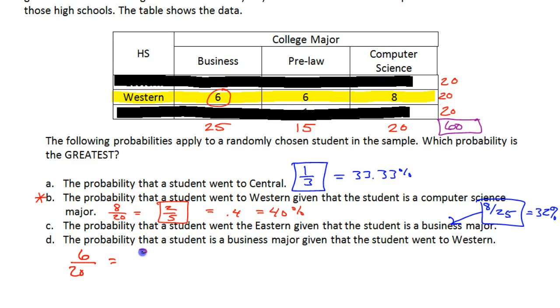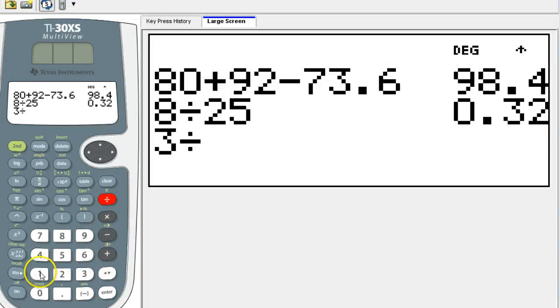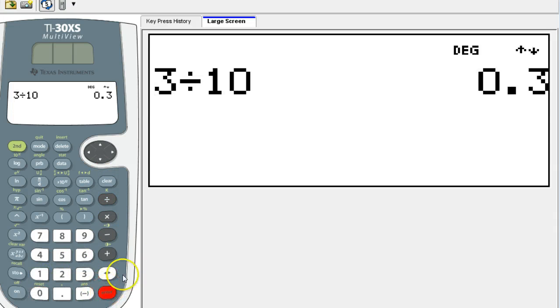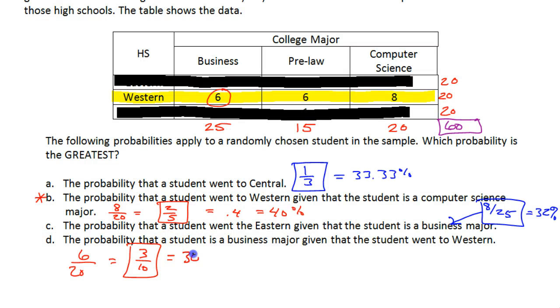So that's going to be 3 out of 10 if I reduce, which is 30%. That's the smallest one yet. So B is the answer, with a 40% probability.